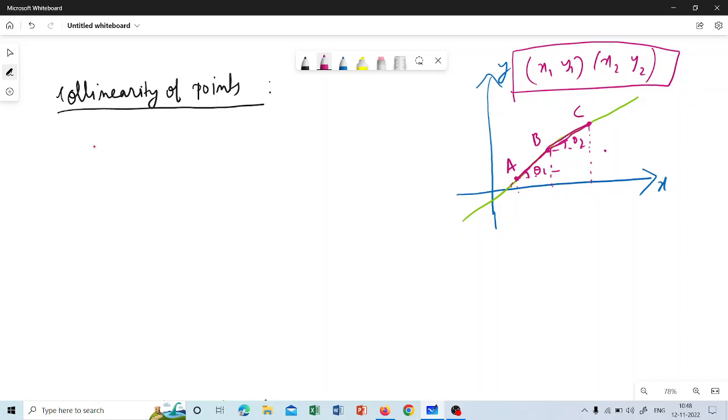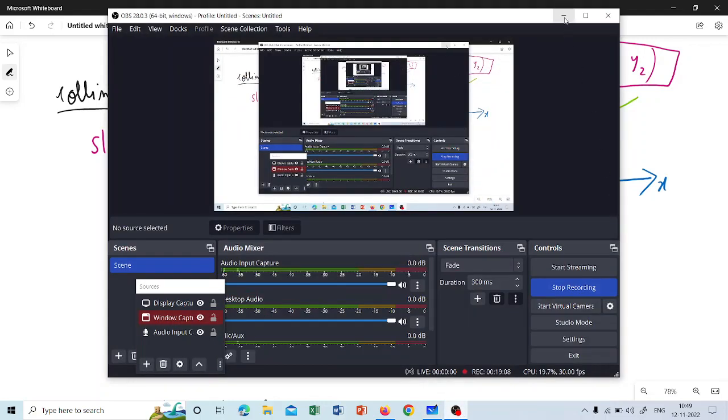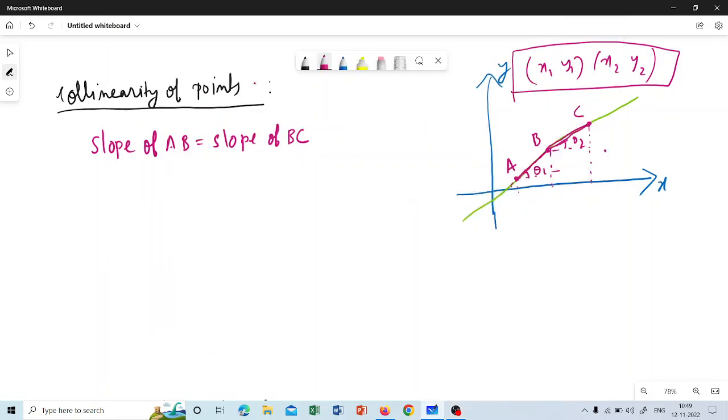So a condition is: slope of AB is equal to slope of BC. So for collinearity of points, I can consider that there are two segments of line.